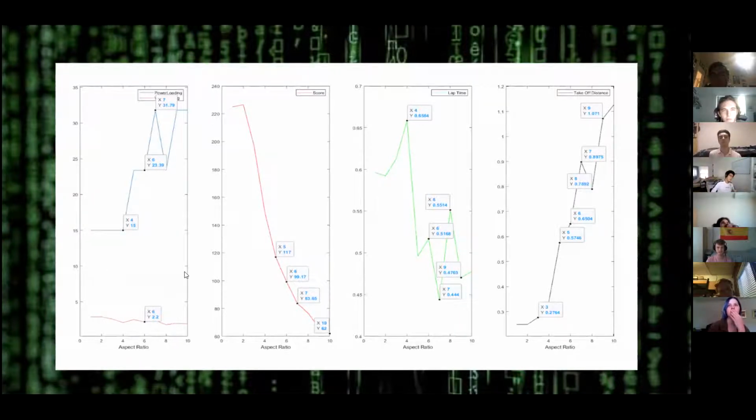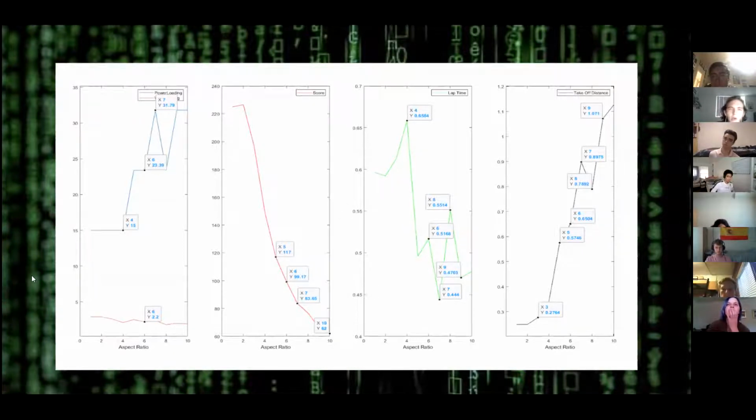And so we faulted that with either an error in the model or an error in our methodology. In addition, with the lap time, before an aspect ratio of 6, the lap time jumps up very high. And so we determined based off those 3 factors that 6 would be the most reasonable choice, including the lap time, the takeoff distance, and then reasonable values for power loading and wing loading.